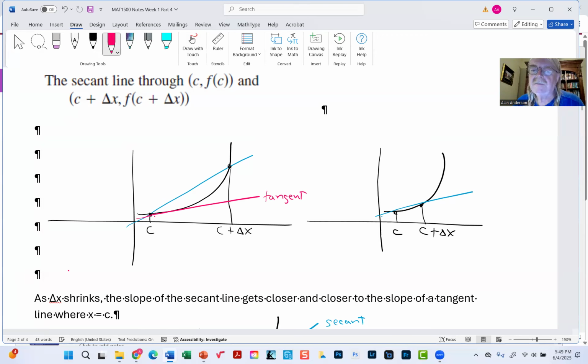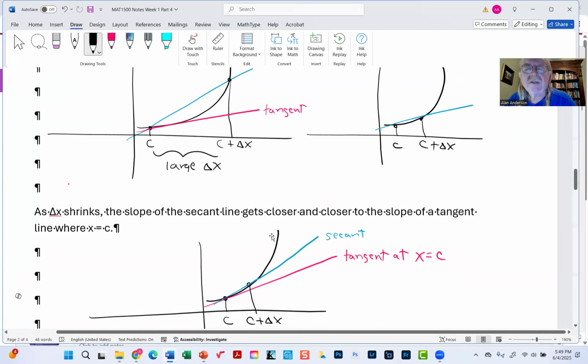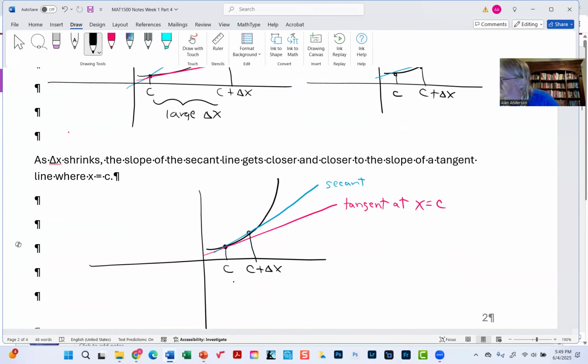In the first case, when delta x is fairly large, the two slopes are not very close at all. And then as we keep shrinking the delta x, the slopes are getting closer and closer to each other.